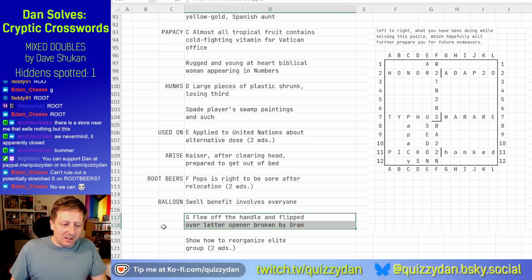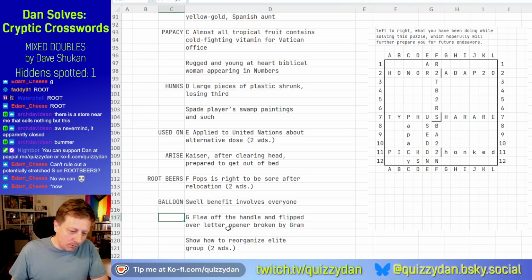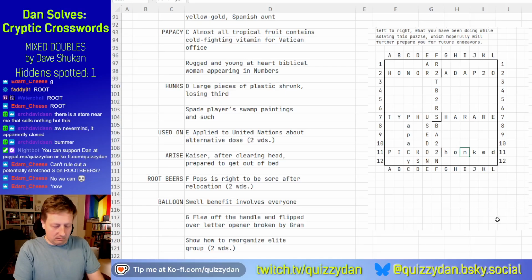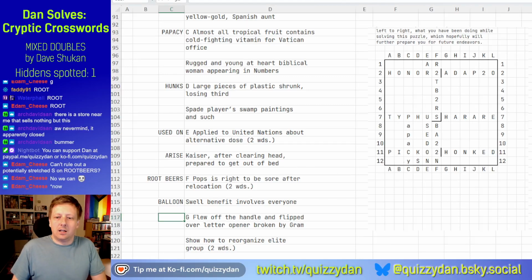Flew off the handle and flipped over letter opener broken by Graham. Okay. I can. Honked is fine. Yes, that was pick off as an F going across, but in balloon, an O going down.